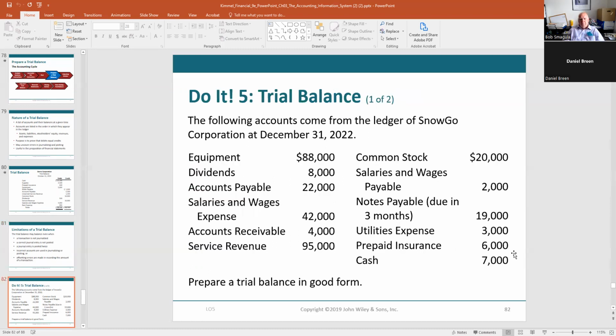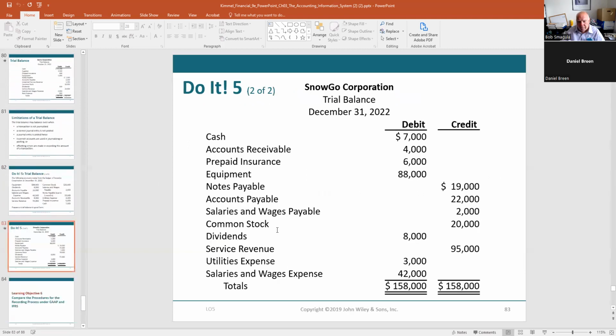Prepare a trial balance in good form. Remember, we said the assets go first. So what are your assets here? Cash, accounts receivable, prepaid insurance, and equipment.